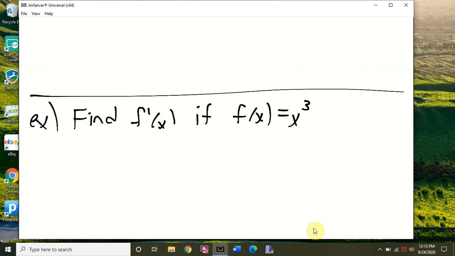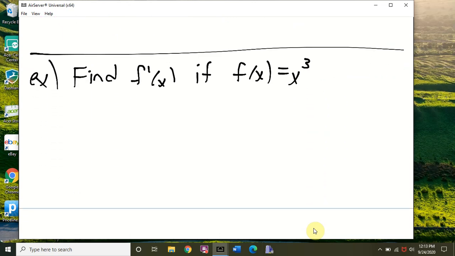Okay, next example. Now we're looking for a general derivative. Find f prime of x if f of x is x cubed. And again, off on the side, if you remember from last year, and I'll reteach you this rule tomorrow, but as far as today goes, we focus on the definition of derivative. But if you remember, here's our answer.